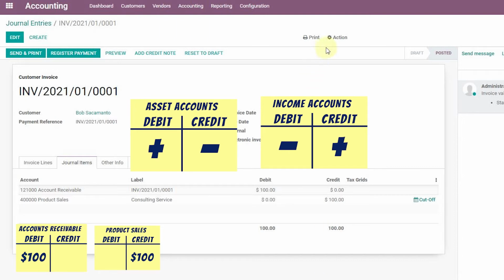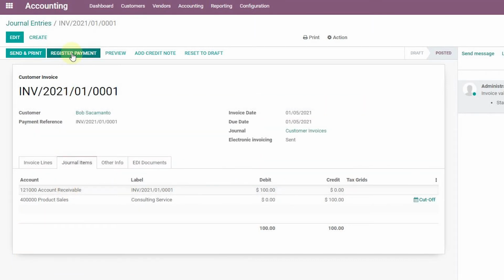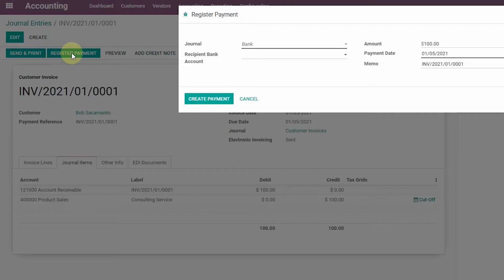So just to get a little bit more understanding so we can see the differences, what we're going to do now is register a payment and actually pay this. So we click register payment, and it has a bank journal. That means that when we register this payment, it's going to record it in a journal that keeps track of all those payments through the bank.